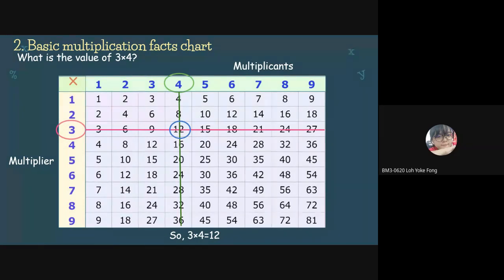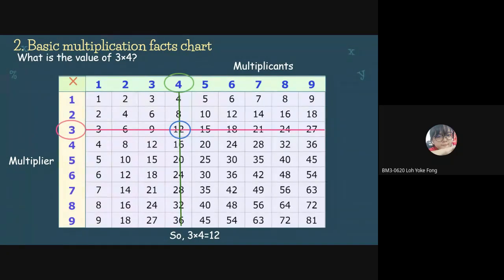Let's say we need to find the value of 3 times 4. We need to teach students how to use these fact charts. The vertical column on the left means the multiplier, and the first horizontal row means the multiplicand.